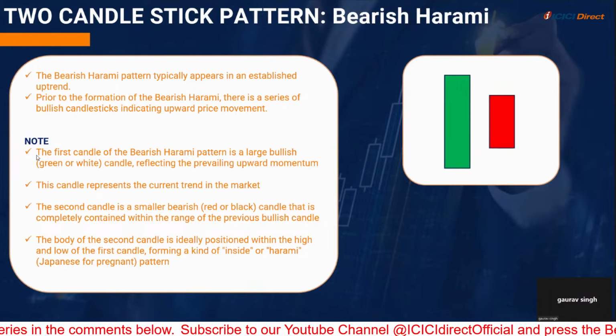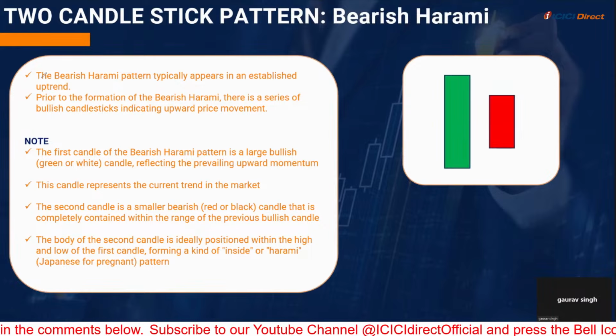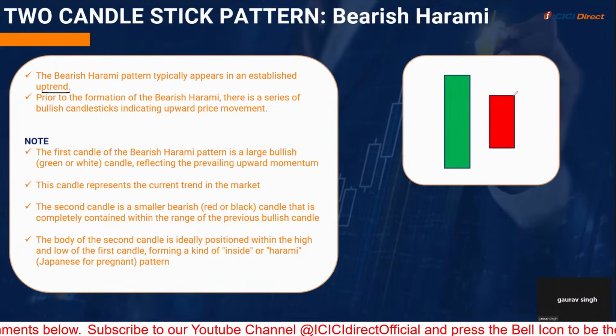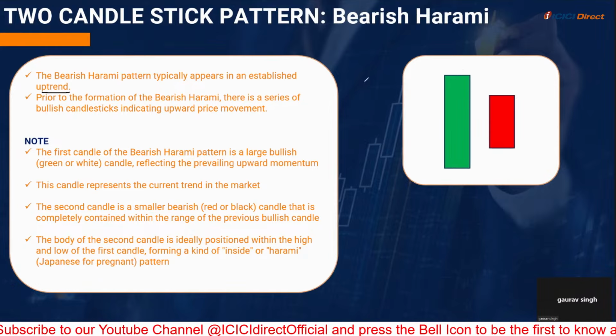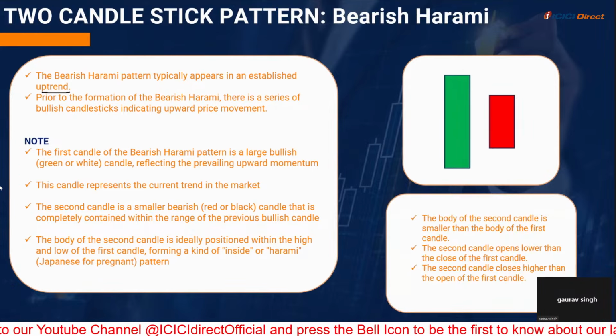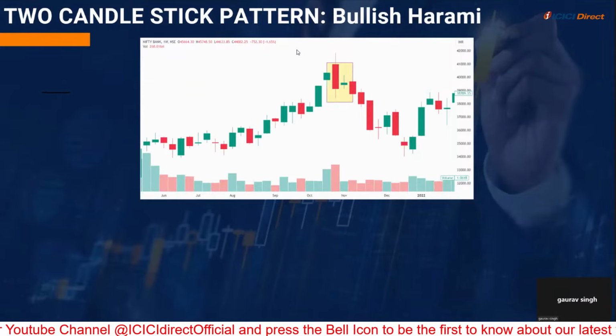Okay, this is bearish Harami. Like bullish Harami, bearish Harami should be established in an uptrend. So whenever there is an uptrend, you'll have a green candle, and a red candle should be formed inside the body of the first candle. The theory remains the same, and this is a bearish Harami.